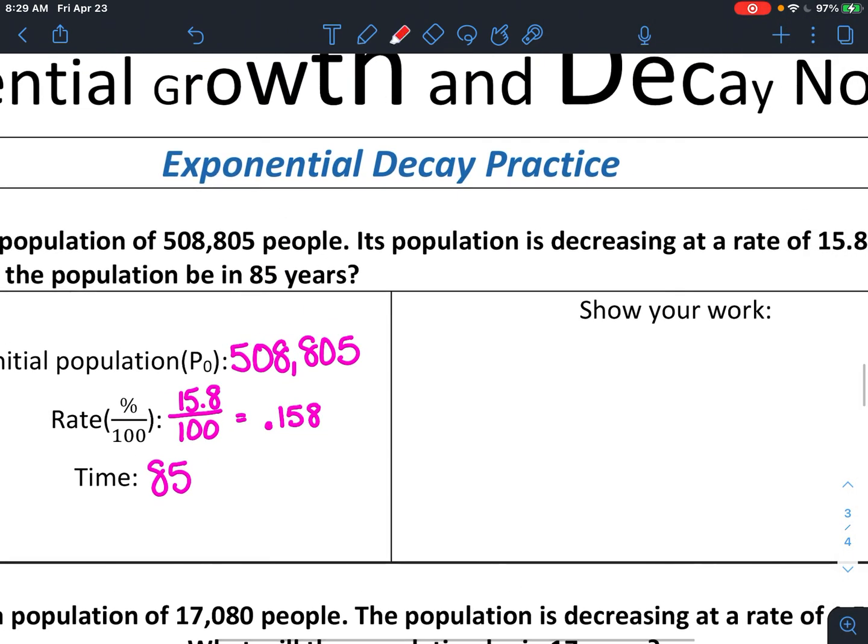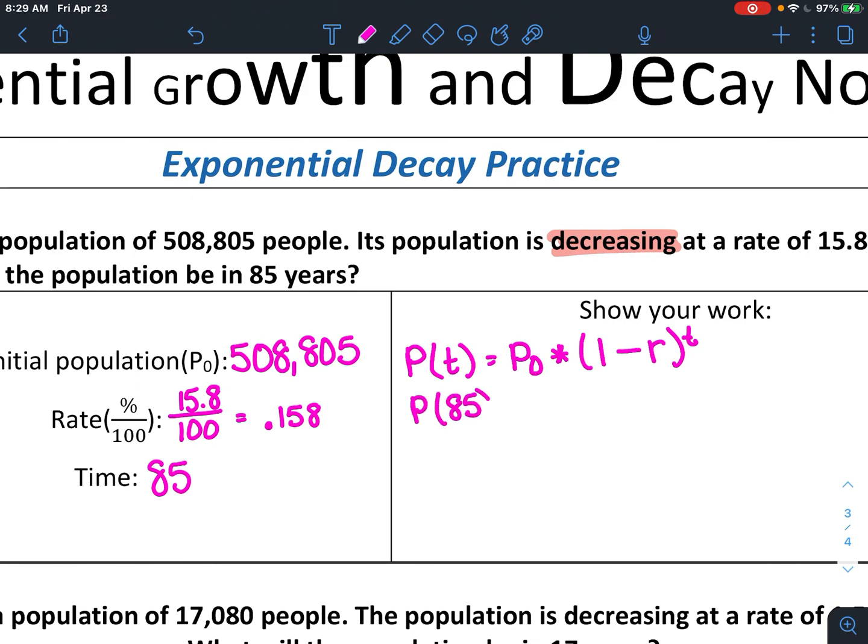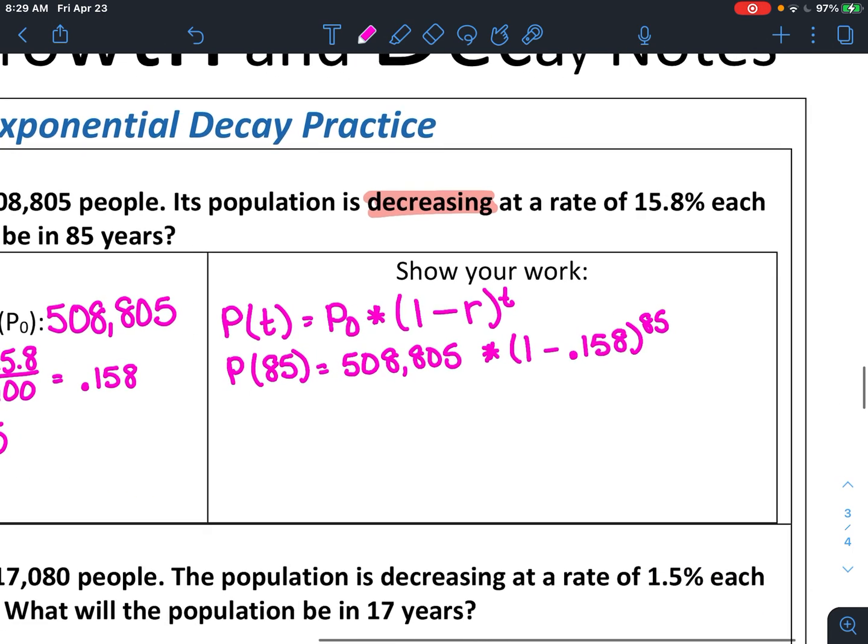Now we are using the decay because my population is decreasing. So P of t equals the initial population times 1 minus the rate to the power of time. So P of 85 equals the initial population times 1 minus my rate to the power of time.